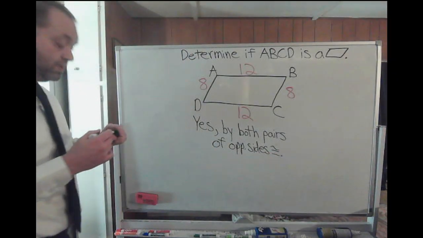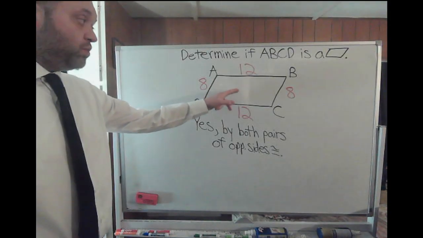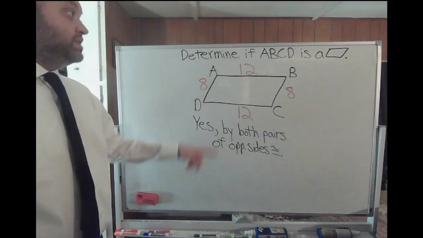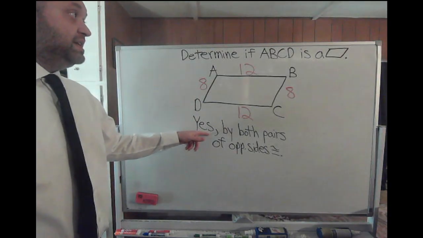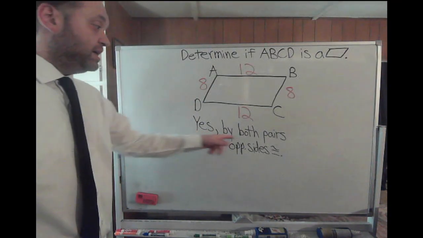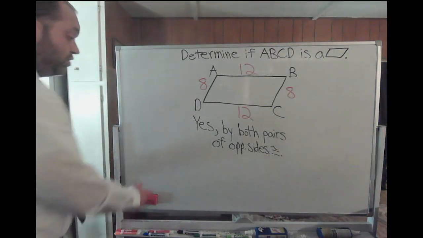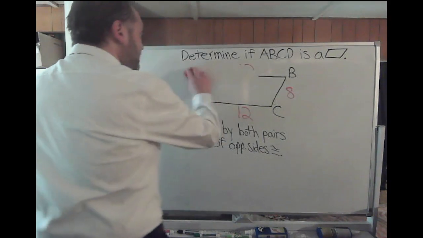So since we notice that both pairs of opposite sides of quadrilateral ABCD are congruent to each other, then yes, quadrilateral ABCD is in fact a parallelogram because both pairs of opposite sides are congruent. So that's putting these into practice.